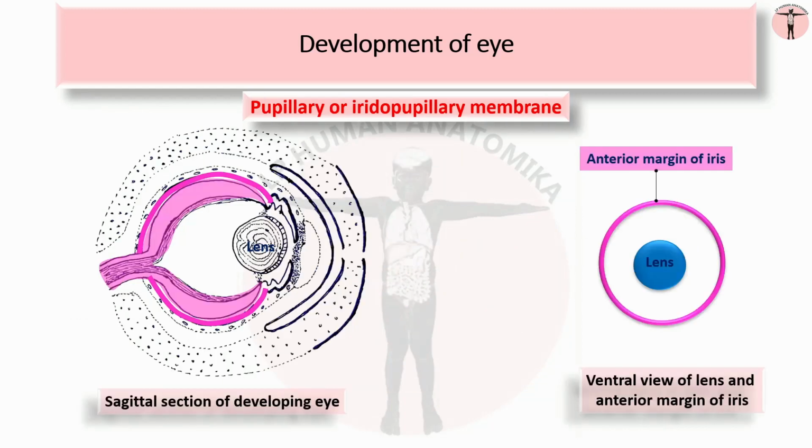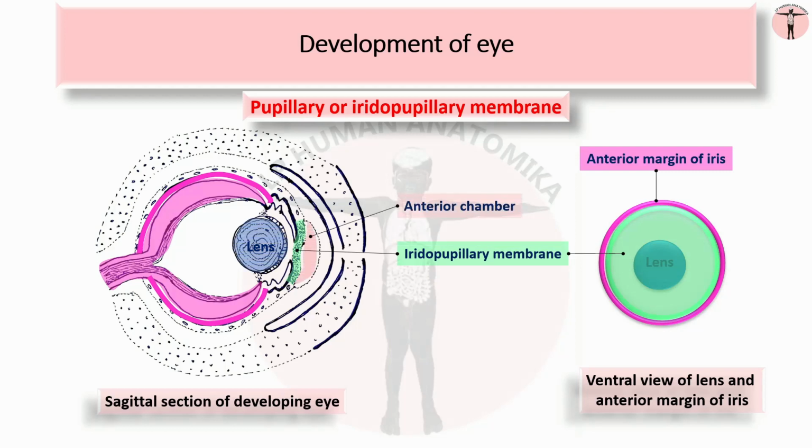So coming to the pupillary membrane or iridopupillary membrane, it lies ventral to the lens. The iridopupillary membrane is derived from the mesenchyme present between the lens and the anterior chamber of the eye. It is composed of mesenchyme and a network of vessels derived from anterior ciliary arteries.